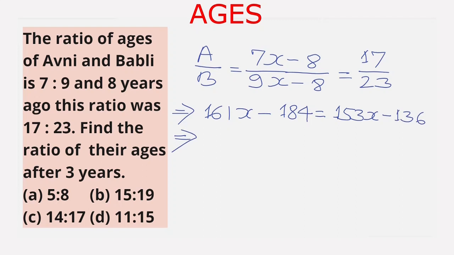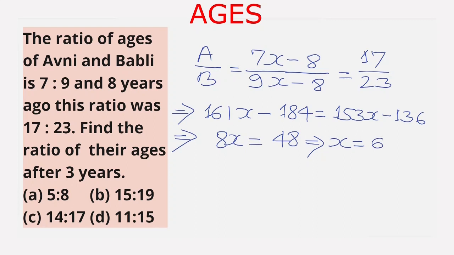We transfer 153x towards the left and minus 184 towards the right, and we get 161x minus 153x is 8x equal to 184 minus 136 is 48. This gives the value of x to be 48 divided by 8, which is 6. So x equals 6.